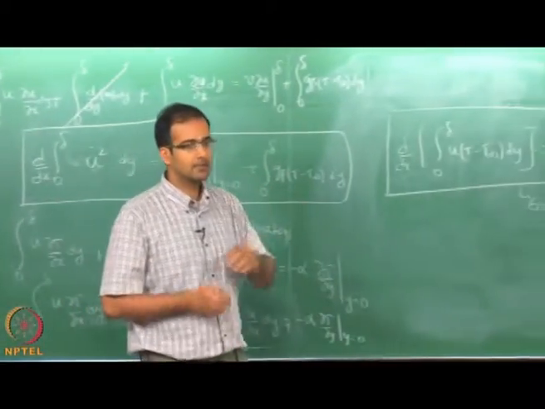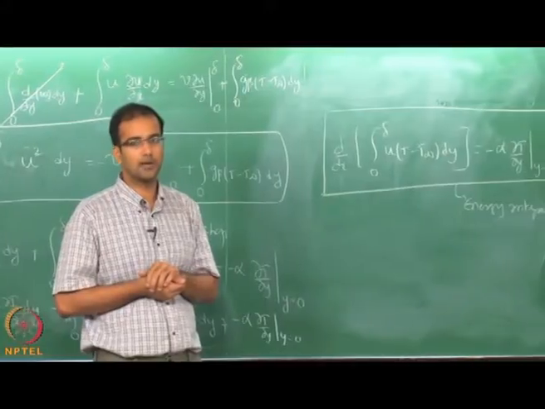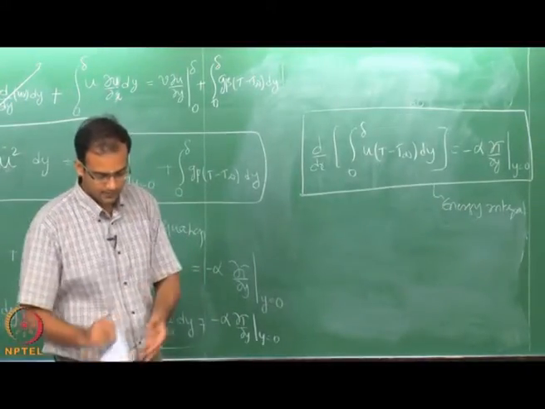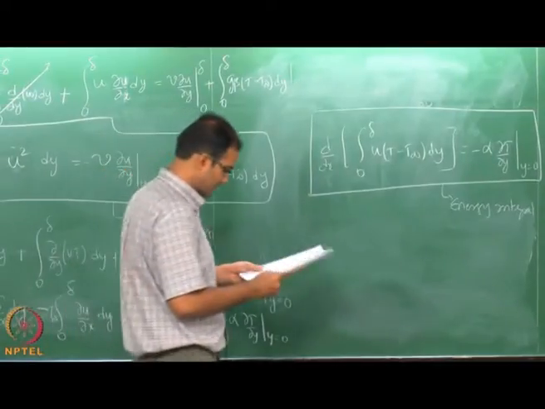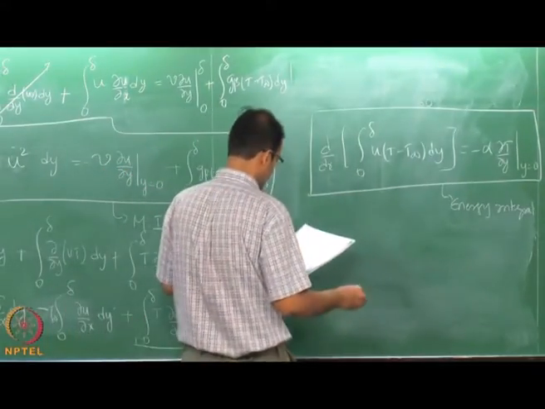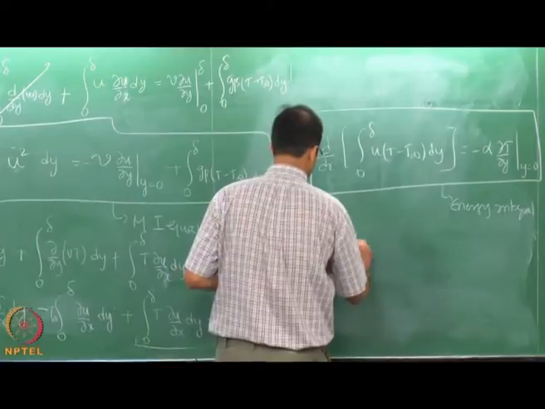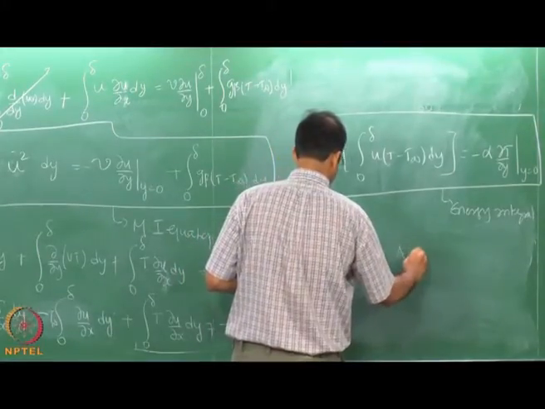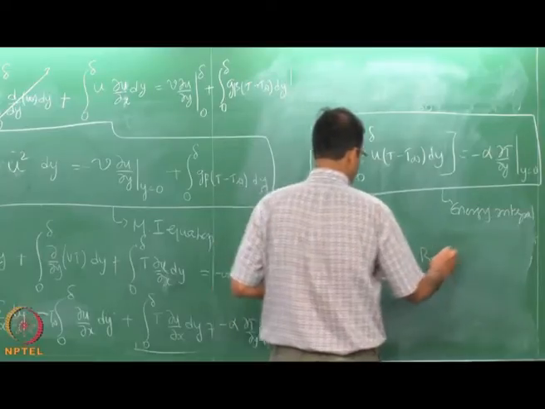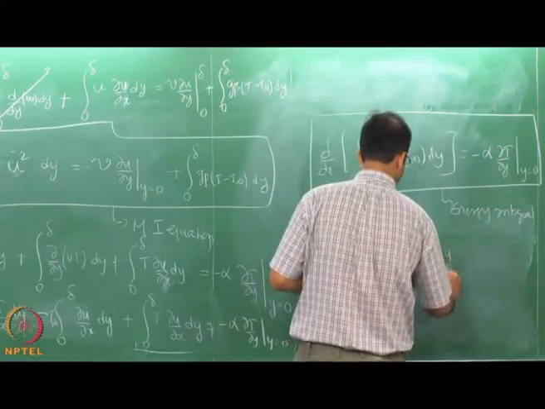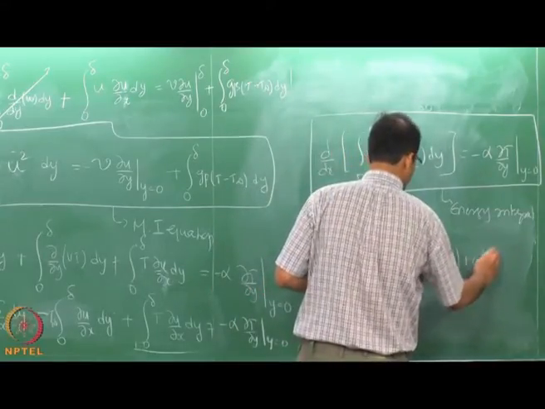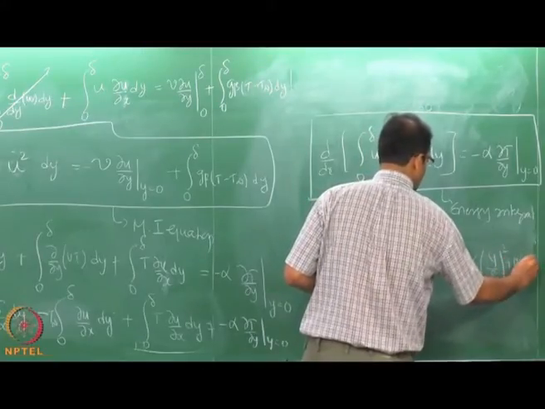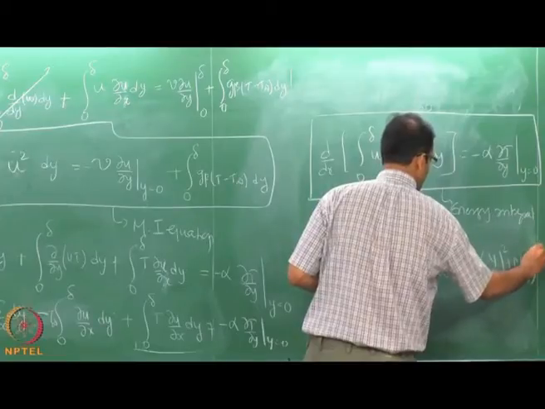However, for temperature he used a quadratic profile, which is not a bad approximation, and so this is where he started off by making an assumption that u by u reference is equal to a plus b into y by delta plus c into y by delta the whole square plus d into y by delta the whole cube.